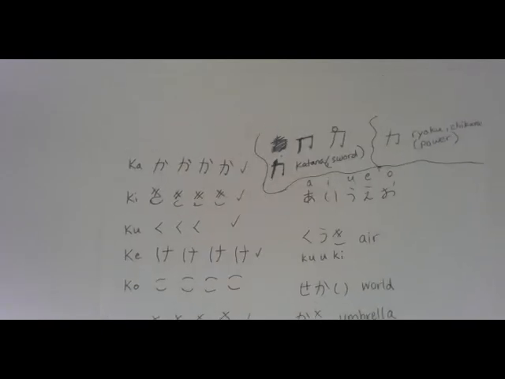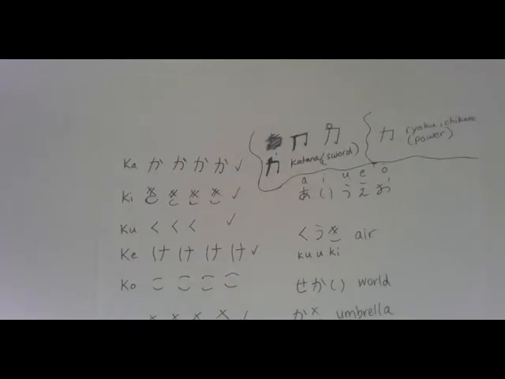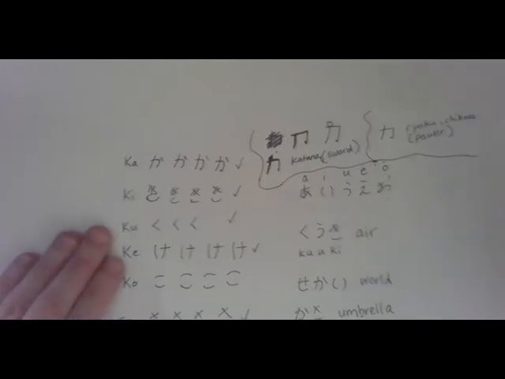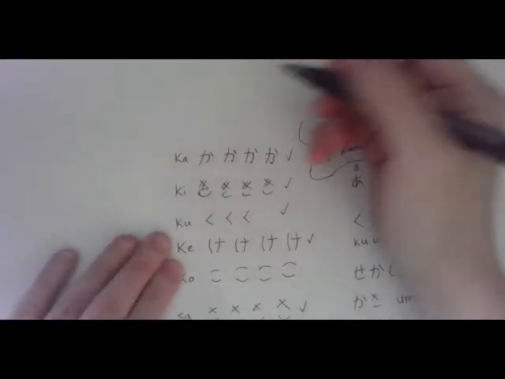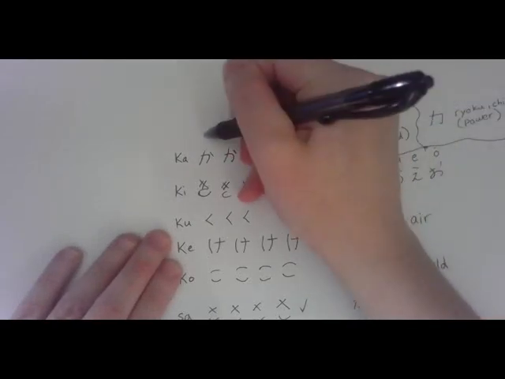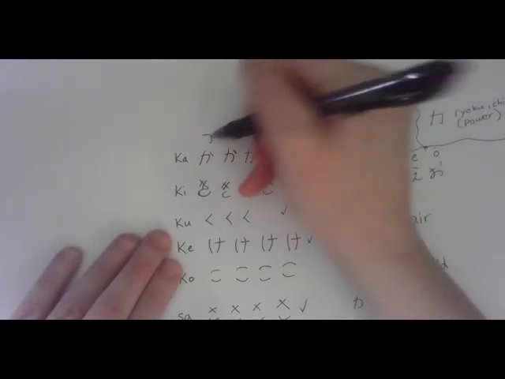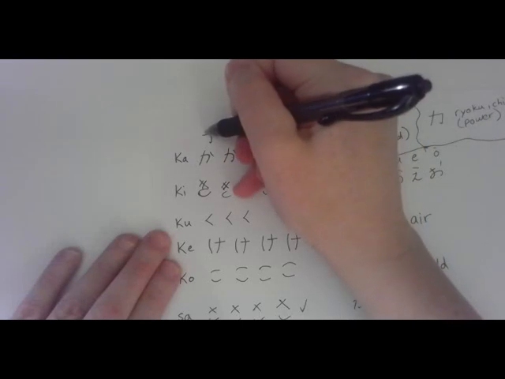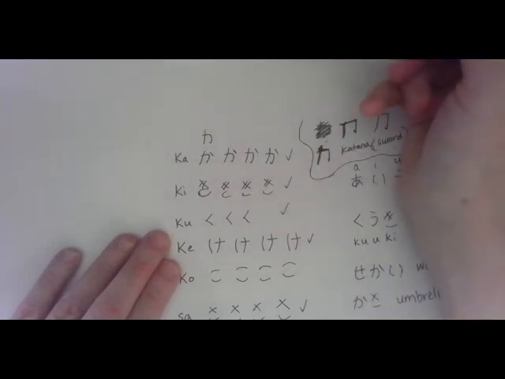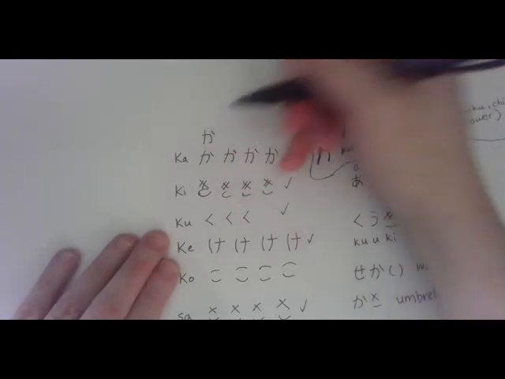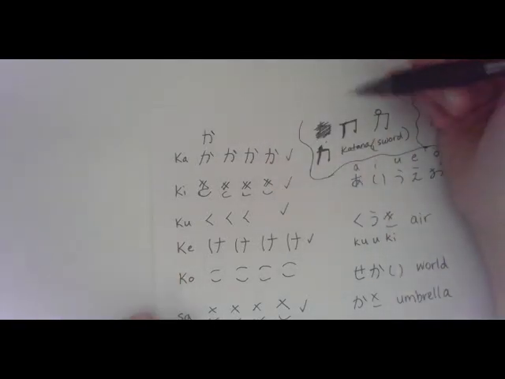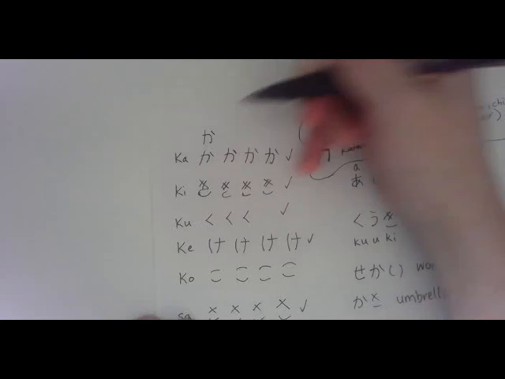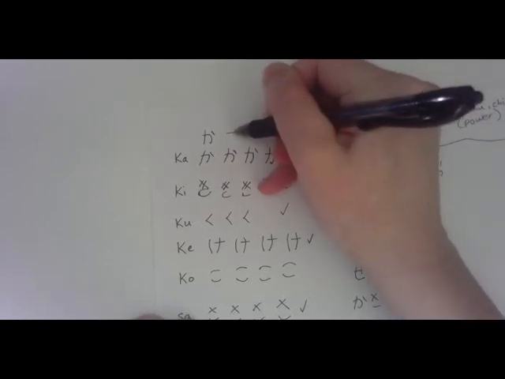Alright. So I'm just going to have to rewrite these. First we'll start with ka. The way you write ka is you go across and down, curve it down, and then one line through it like that. And then this is called, oh wait, I don't know what it's called, but it's a diagonal line, curve to the right. So do it again, like that.